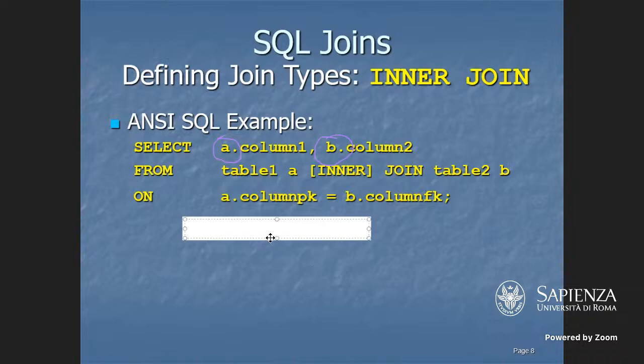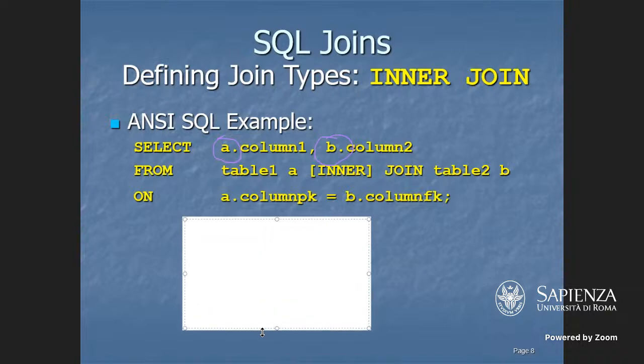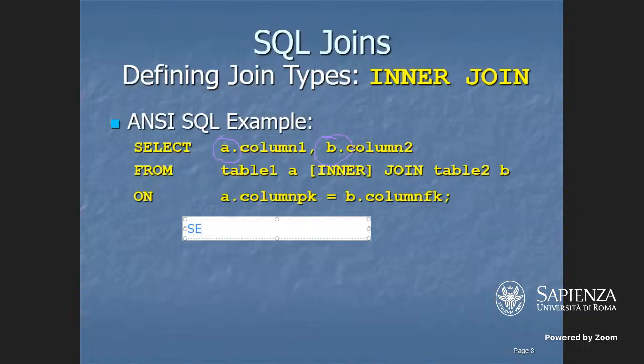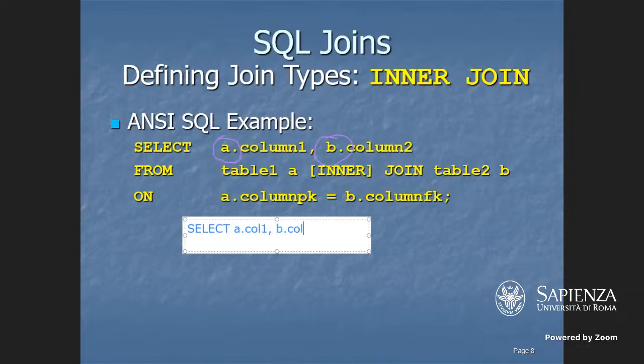Let me write it so that you have an idea of what the join looks like. So you say select, let's say we have selected column A dot column 1, comma B dot col 2.